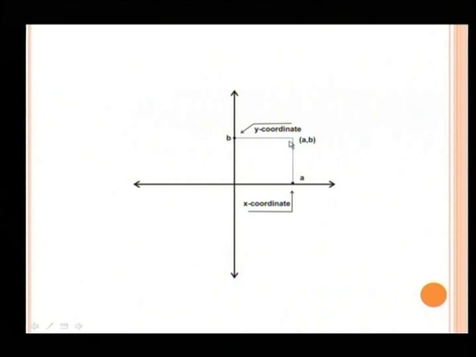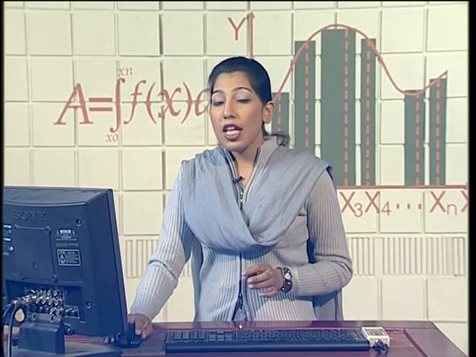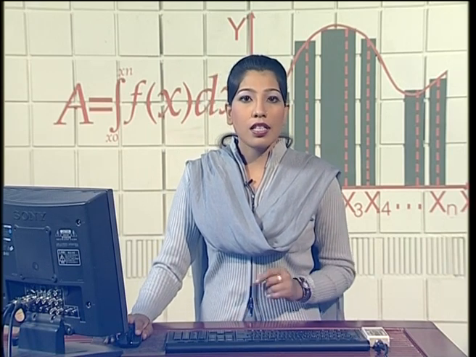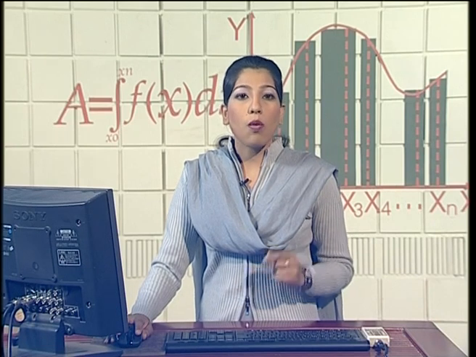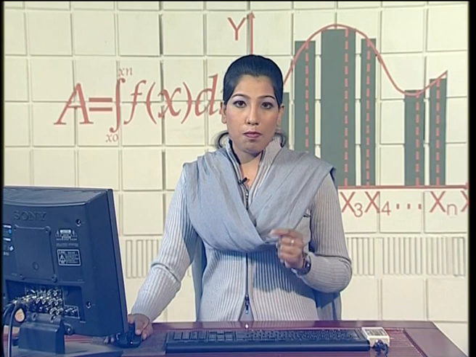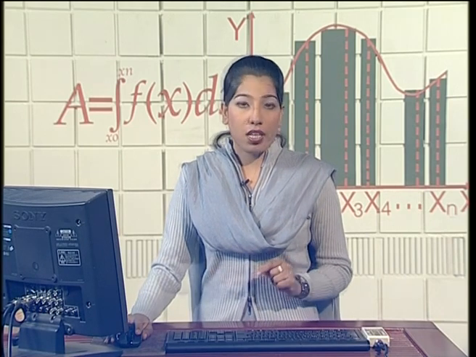If the first line intersects the x-axis at the point with the coordinate a and the second line intersects the y-axis at the point with the coordinate b, then we associate the ordered pair of real numbers (a, b) with P in the plane. a would be called abscissa or x-coordinate and b would be called y-coordinate simply. Now let's plot some points in the coordinate plane.